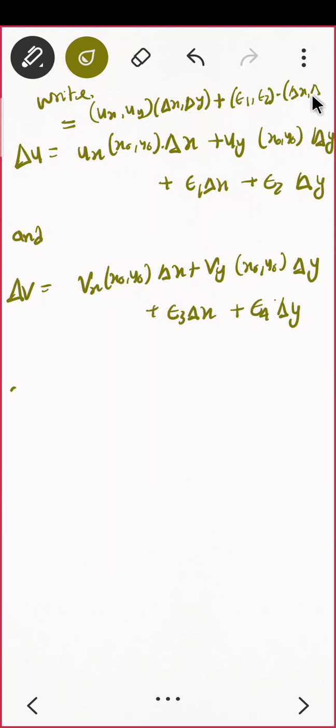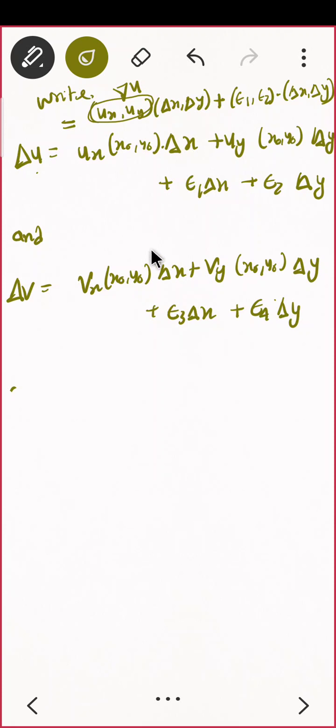This is what I am having. If you see this, you are properly understanding what we are doing. Delta u means at which point we are doing it, at the delta x delta y point, and ux uy, that means this is del u multiplied by this. Correct? So I'm just directly writing this. Similarly for delta v. Okay.